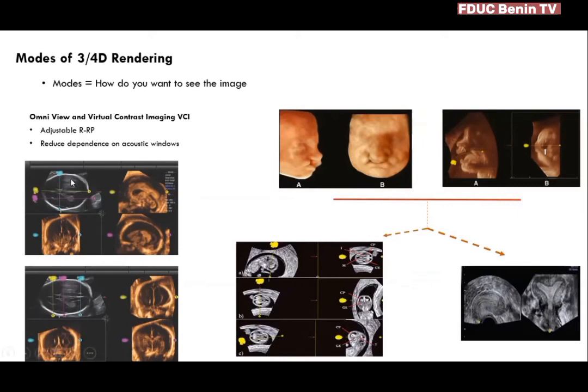So in this image, we have an axial fetal skull. And we have our reference reconstruction plane indicated by this observer in turquoise, another observer in yellow, and another observer in purple. The operator has the choice to introduce as many observation points as he or she would desire.